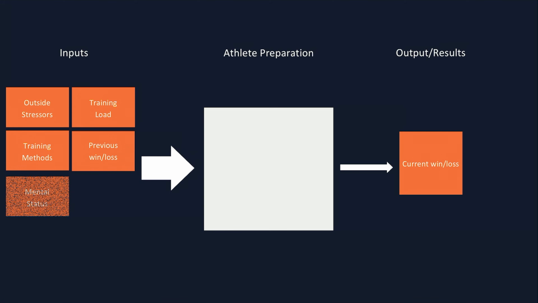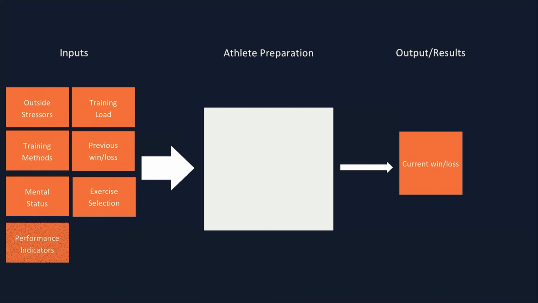The mental status of the athletes, exercise selection, performance indicators like our jump testing or isometric testing or sprint testing, and then talent assessment through various sport-specific testing measures. And all of this leads to us knowing exactly what is inside of the box.